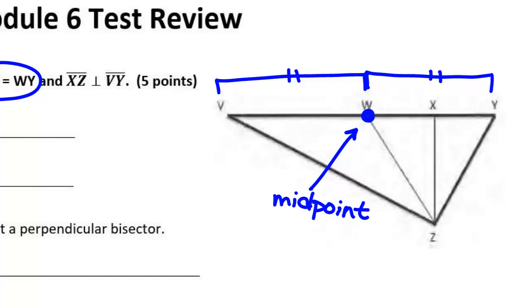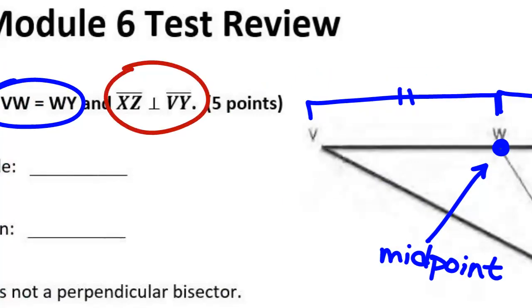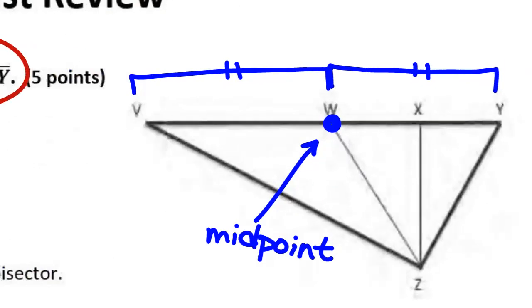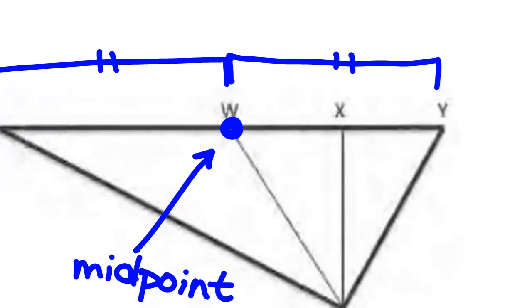It also says that XZ, and then it has this weird symbol. What's that weird symbol mean? Perpendicular. And what does perpendicular mean? Means that it makes a right angle. And where's the right angle happening?